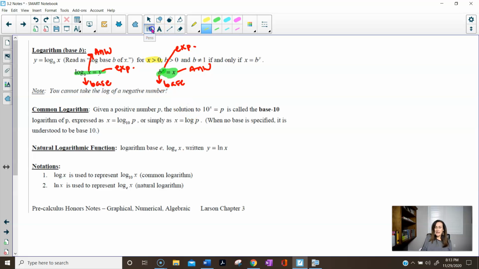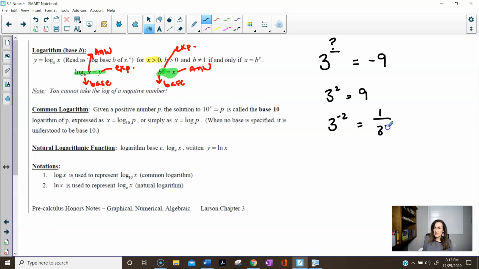The reason is, if you have something like 3 to what power is equal to -9, I cannot think of a number that would give me -9, because 3 squared is equal to +9, and 3 to the -2 is equal to 1 over 3 squared, which is +1/9.